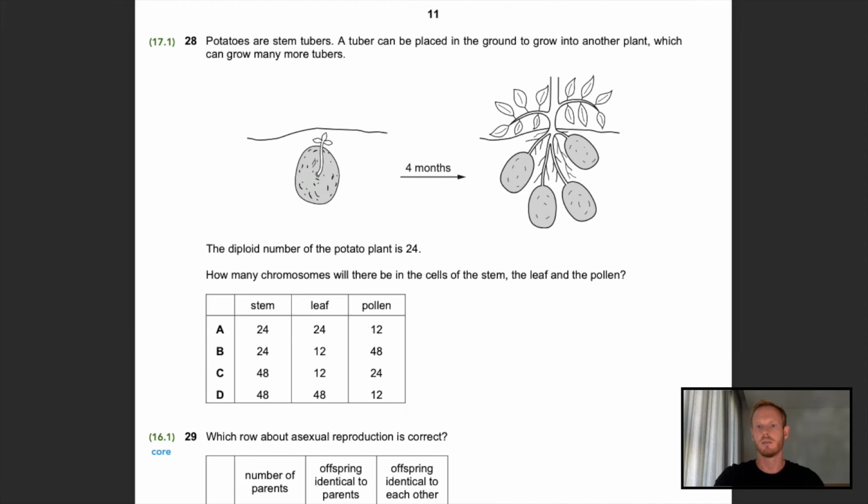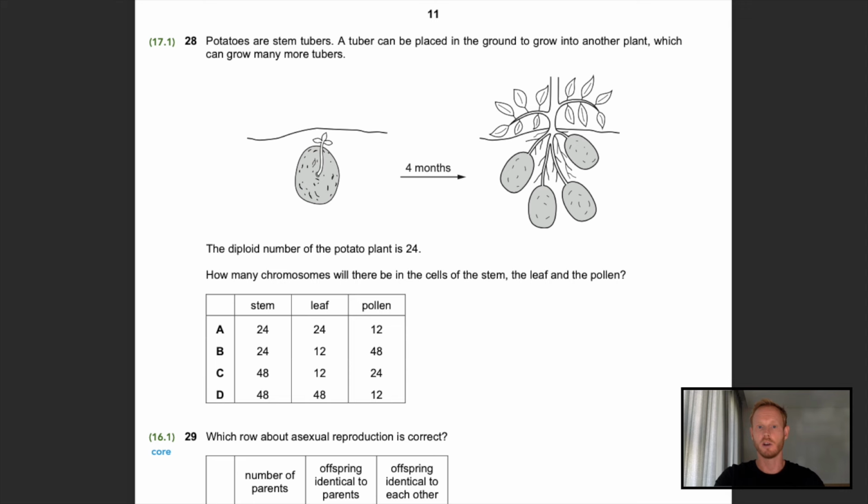Number 28. Potatoes are stem tubers. A tuber can be placed in the ground to grow into another plant, which can grow many more tubers. The diploid number of a potato plant is 24. How many chromosomes will there be in the cells of the stem, the leaf, and the pollen?